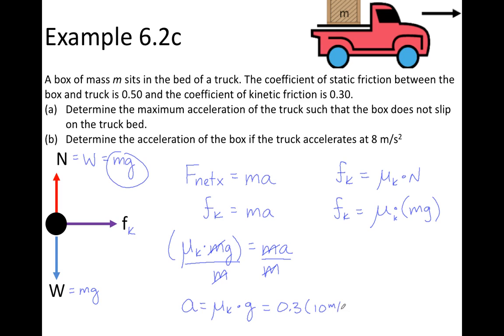G is 10 meters per second squared. And so the acceleration of the box is going to be 3 meters per second squared. Notice that this is less than the acceleration of the truck. The truck is going to accelerate much faster than the box, and so you're going to see the box seem to slip towards the back of the truck and then eventually fall off the back of the truck.